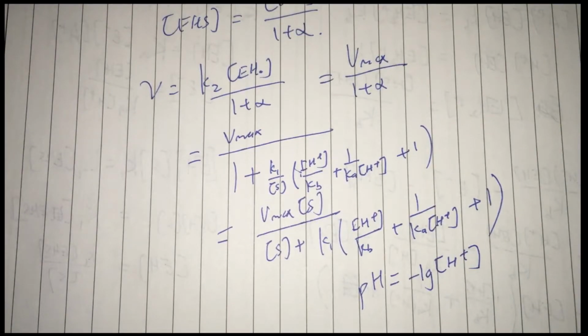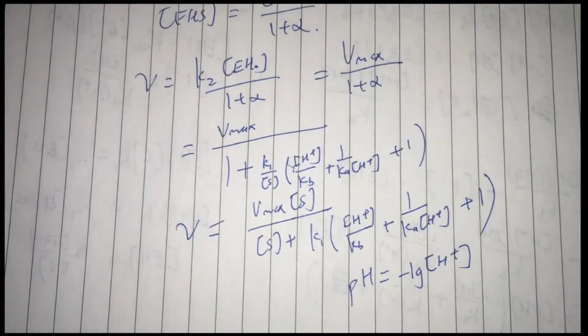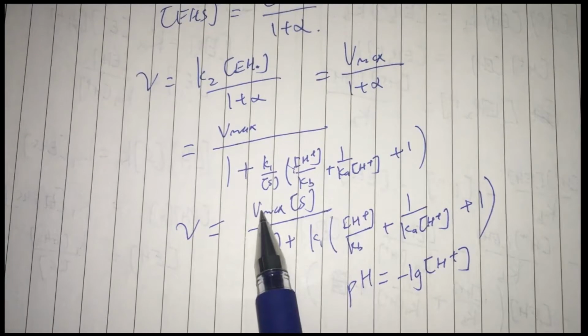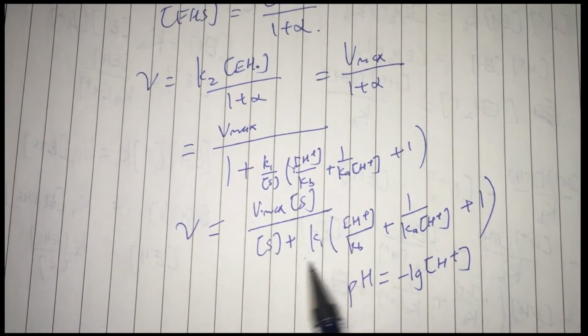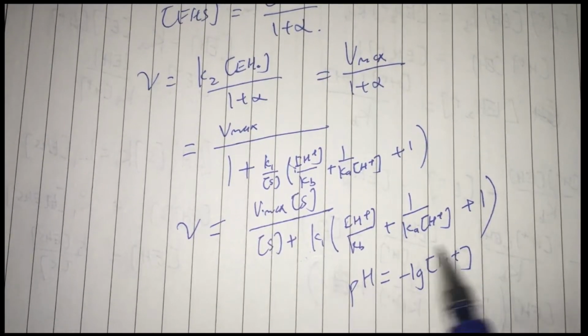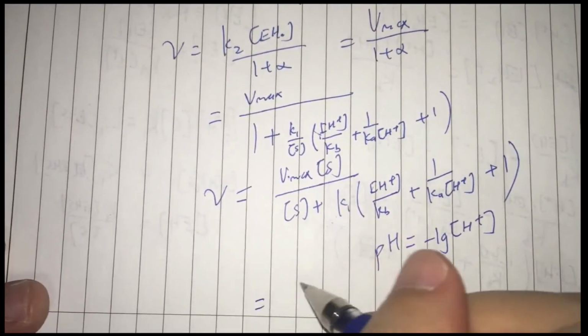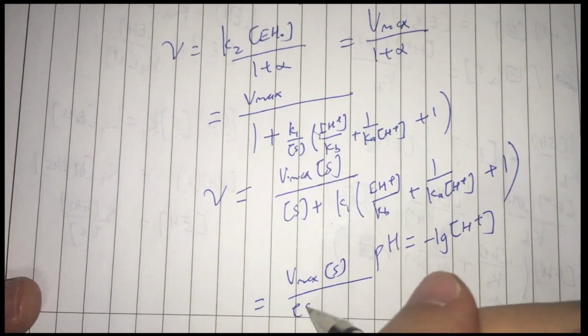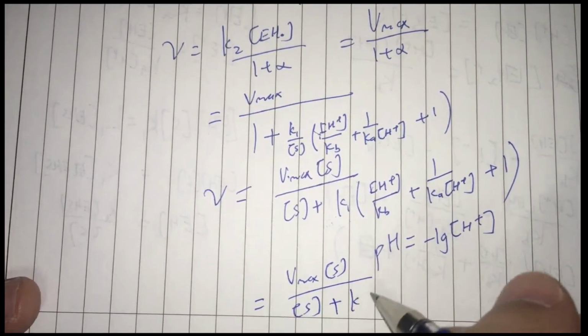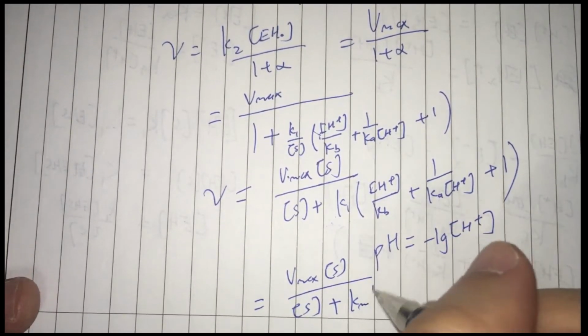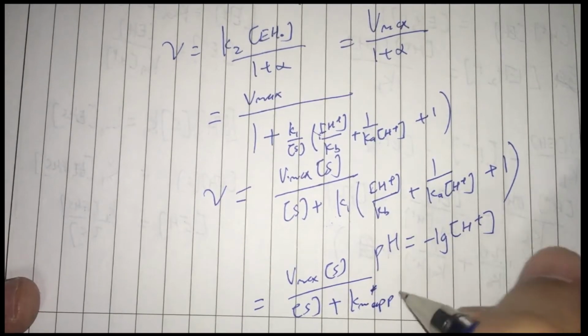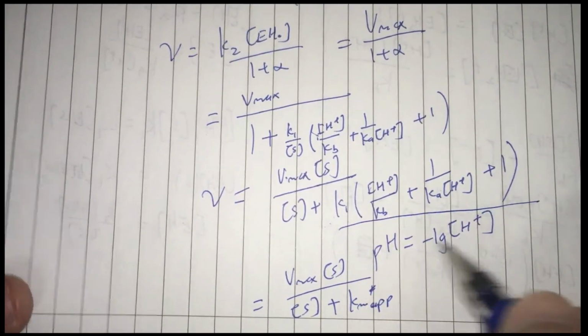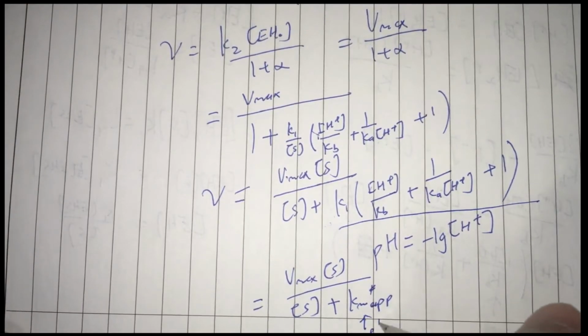That should be fine. Well, now you've kind of known how the pH actually affects the equation. It does not affect this Vmax per se, but it will affect this Km apparent, because if you make it look like the Michaelis-Menten equation, you have the Km apparent here, which is this whole lot, and your pH will affect here.